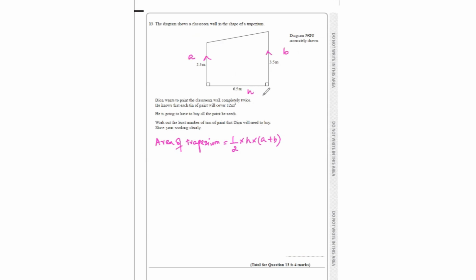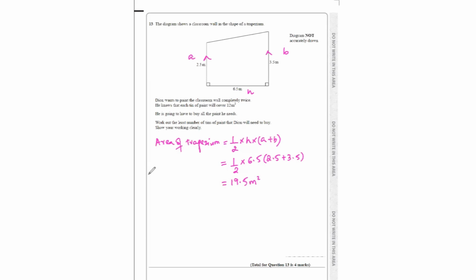Height is always your perpendicular height, never the slant height. Hence, 6.5 is the height. So substitute the values: 1 over 2 times 6.5 times the sum of 2.5 plus 3.5, which is going to give us 19.5 meters squared.